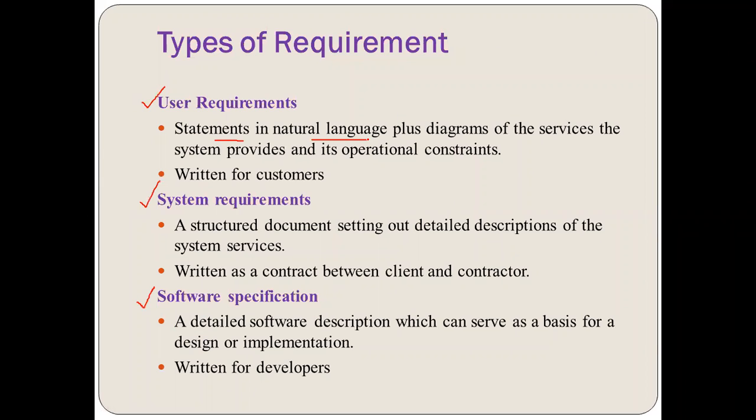They can use natural language. So they are using natural language statements plus diagrams of the services the system provides and its operational constraints. Now, these particular requirements are written by the customers as stated in the requirement.